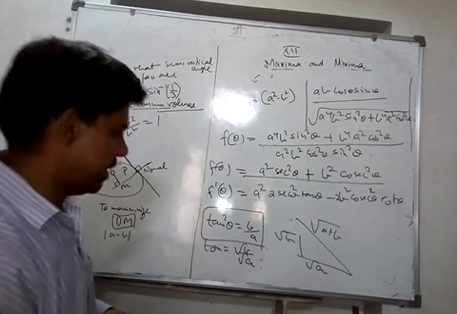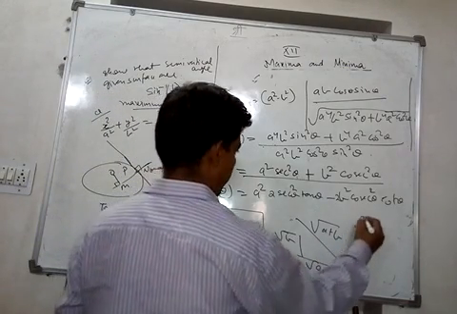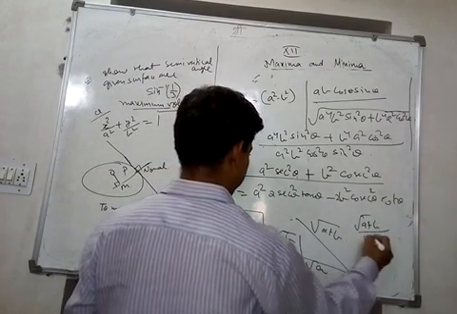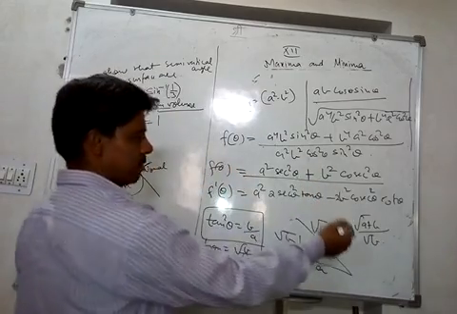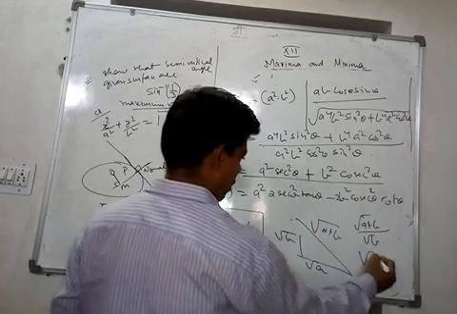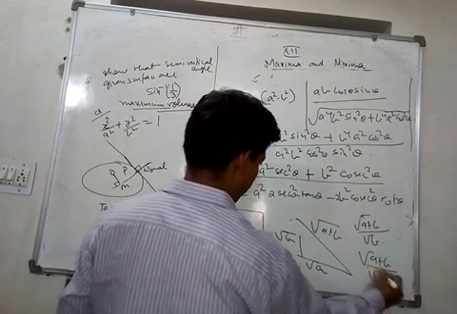So the value of sec theta will be root a plus b upon root b, and the value of cosec theta will be root a plus b upon root a.